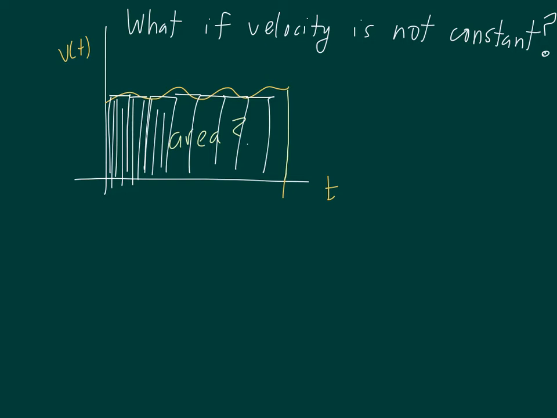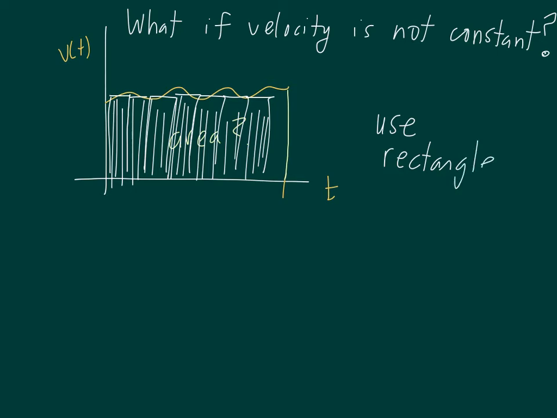Some of these rectangles would be above, some are below. So if you were to draw in an infinite number of rectangles, you would ideally have a very accurate approximation for your area. So what we are going to do is use rectangles to approximate the area under the curve.